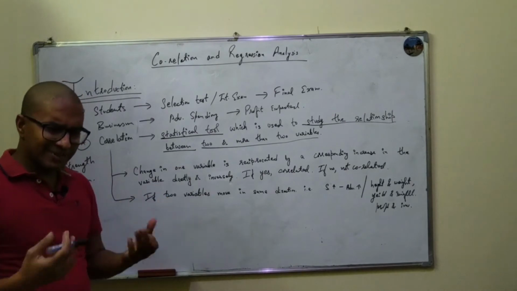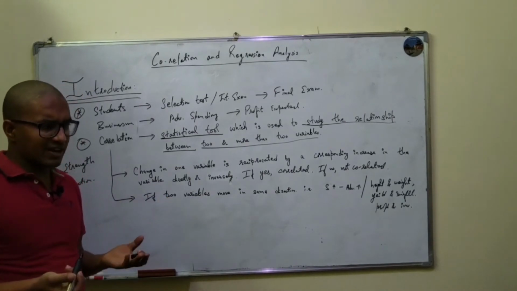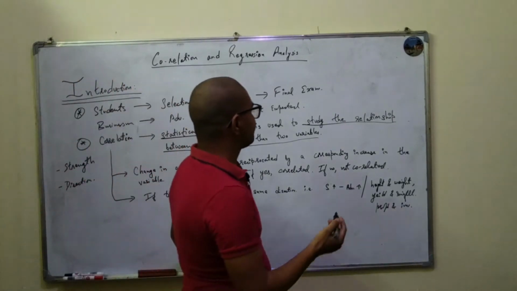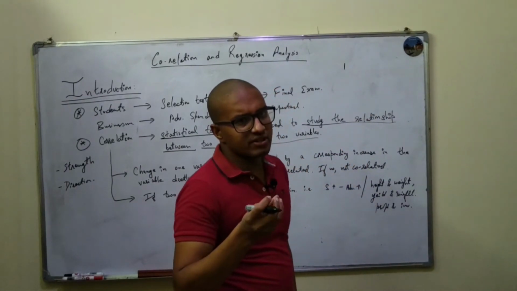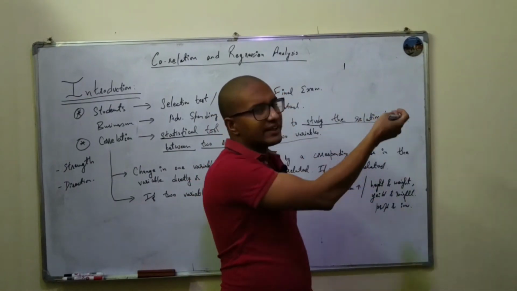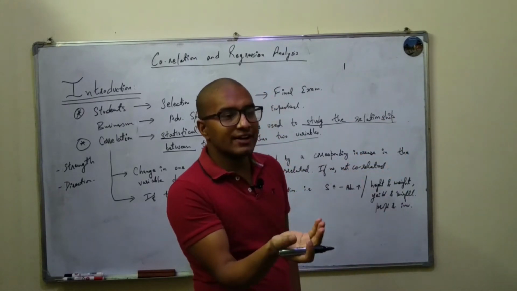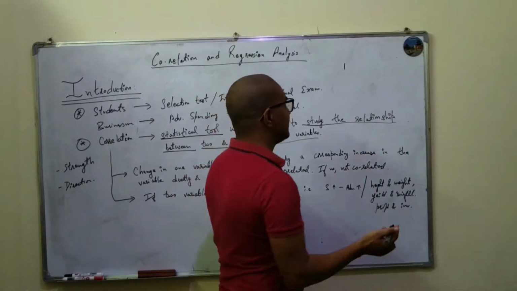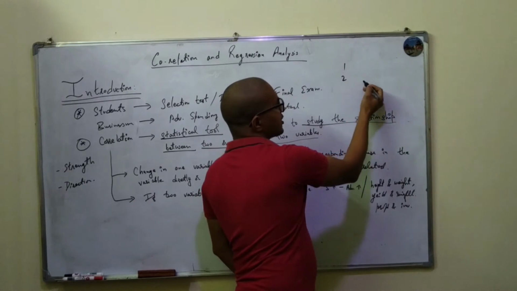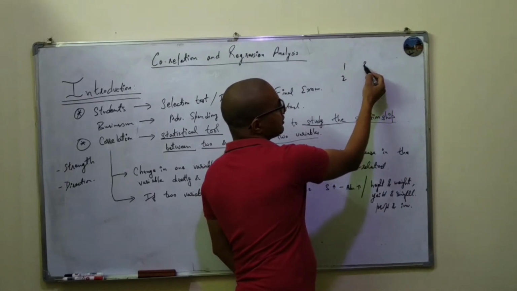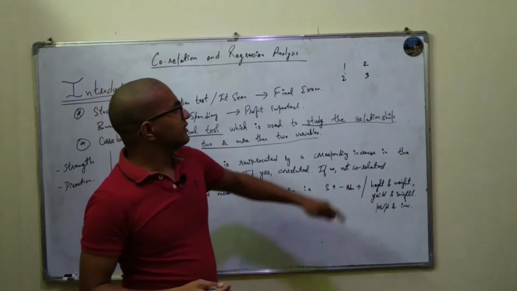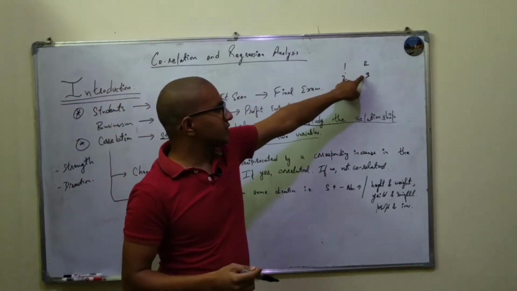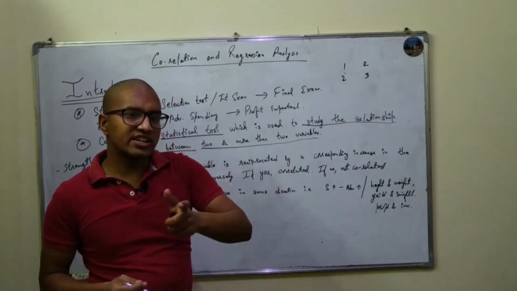So what does this basically give us? What this actually means is that if something increases by one, how much will the other thing increase by, right? That is your correlation. Okay, so suppose this is 1, 2 and then this is 2, 3. See, this is increasing by 1, this is also increasing by 1, so the correlation will be 1.